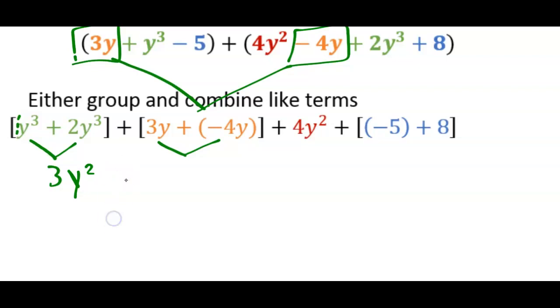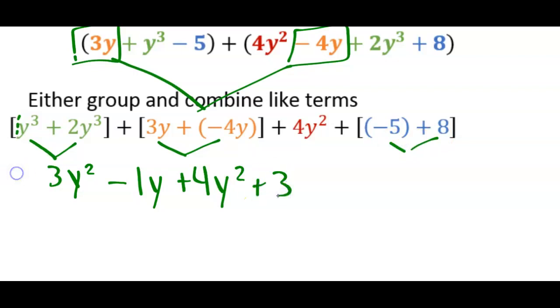Oops, I'm sorry. Negative 1y, right? Do I have anything to combine with my 4y squared? Nope. Pull that down. And then my negative 5 plus 8 would give me plus 3. Okay, so if I combine all that together, that's what I would get. And so I can rewrite it like this if I wanted to by grouping and then combining like terms, or I can put shapes around them like I did in the last lesson, okay?